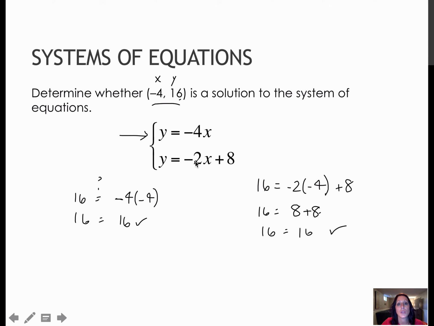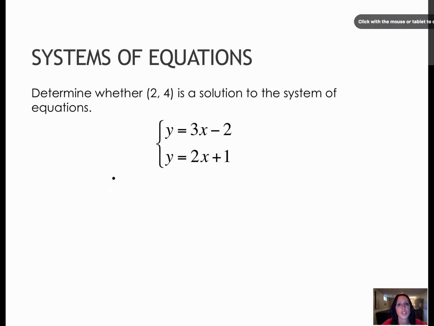Since it's a solution to both of the equations, then yes, it's a solution to the system. If you'd like, get onto Desmos and graph both of those equations, and you should be able to see that they would in fact cross at the point (-4, 16).